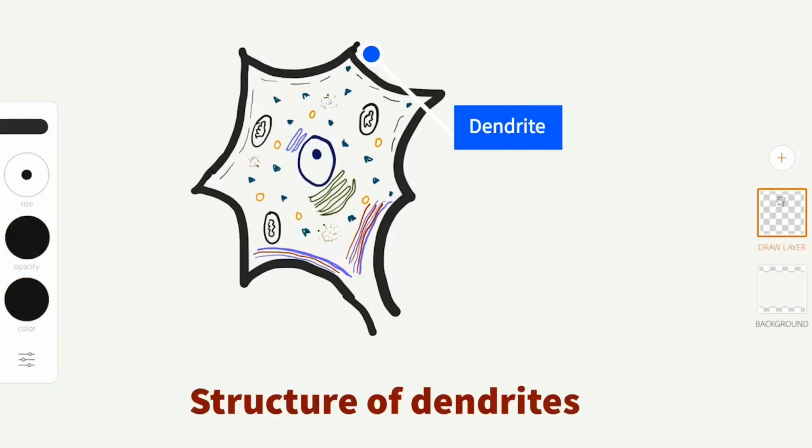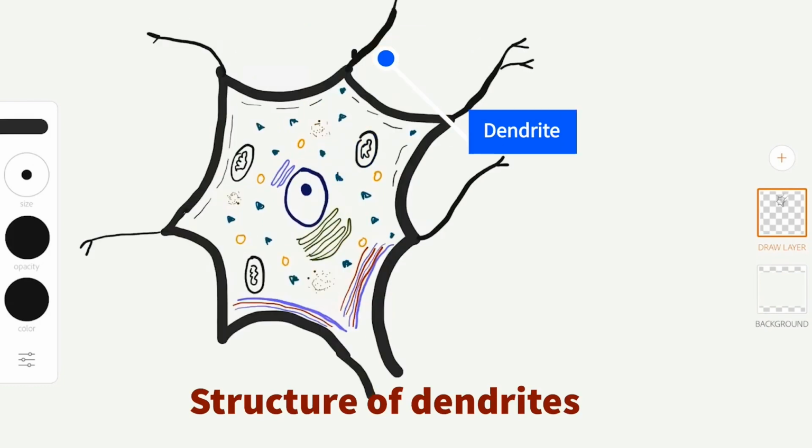Dendrites are short processes which arise from the cell body and taper towards the end. Close to the end, they show extensive branching. These are the dendrites. The important thing about these dendrites is that the external surface of these dendrites has projections coming from it, and these projections are referred to as dendritic spines.